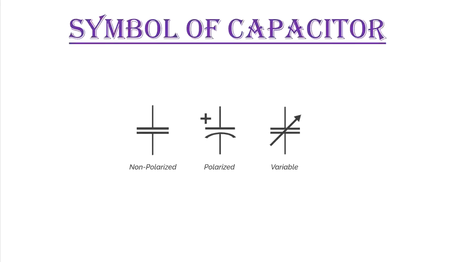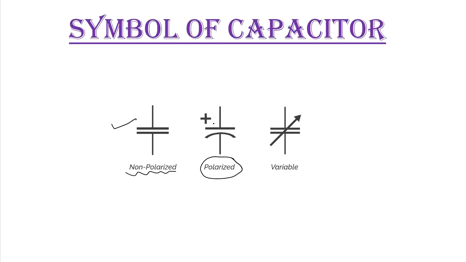Now, the symbol of capacitor. When the capacitor is not charged, that is non-polarized, then it can be symbolized by two parallel lines, as you can see in this picture. But when the capacitor is charged, that is polarized, then we can symbolize it by one straight line and one curved line.